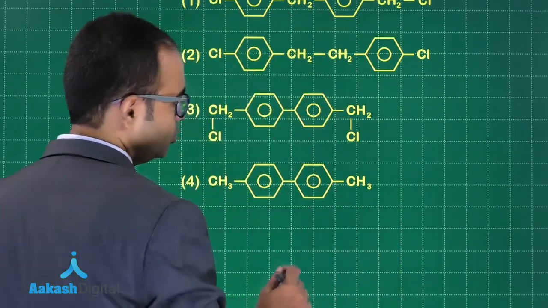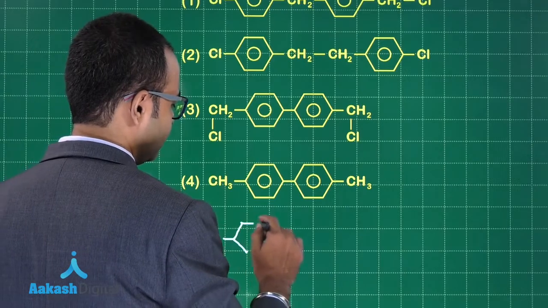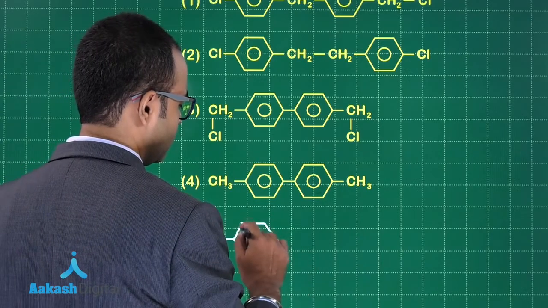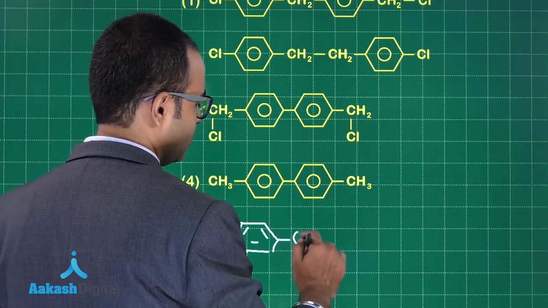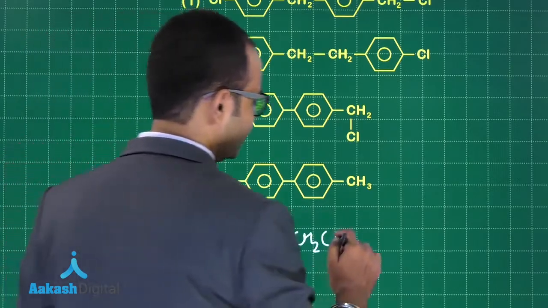Let's see. So what compound do we have? We have the Cl compound, and I carry out a Wurtz reaction of this.